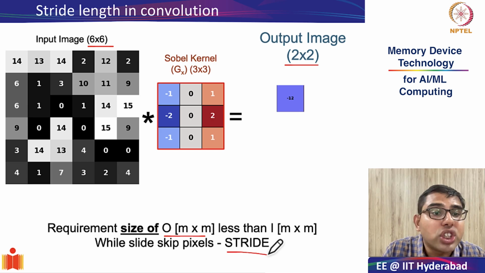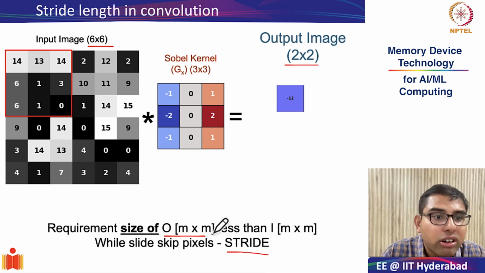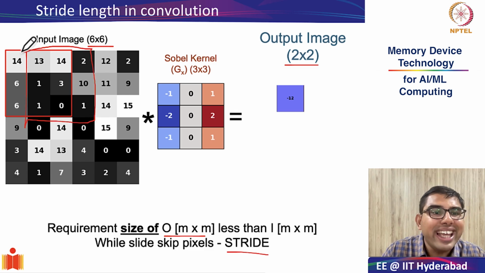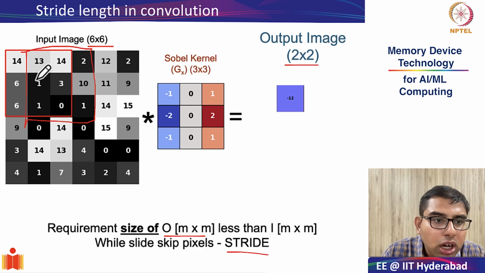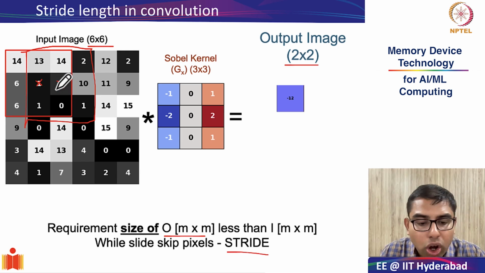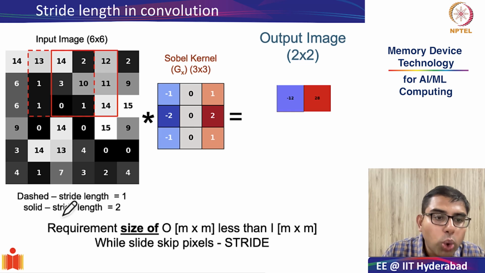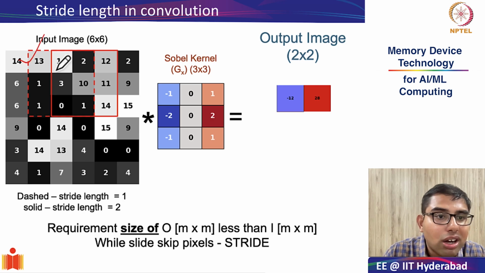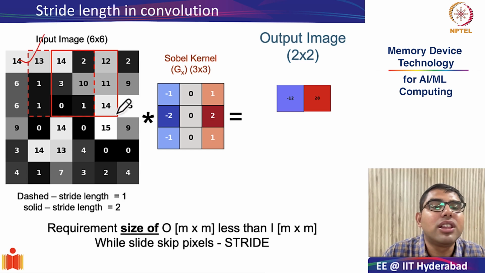What essentially happens is the slide operation, which generally happens from one pixel to the other. Remember, the original slide operation for what we have studied till now only moves one pixel at a time. Earlier it was centered around this, now it is centered around 3. So instead, we do a stride with length 2. This is the stride with original length 1 that I have indicated in dotted lines, and this is the stride with length 2.